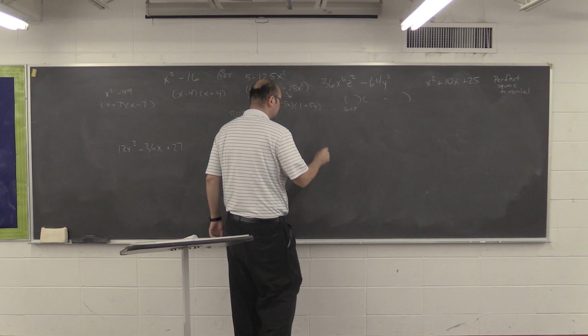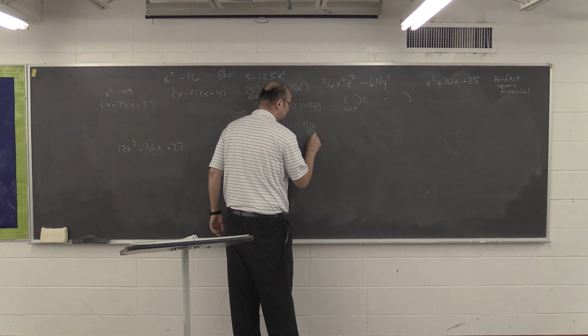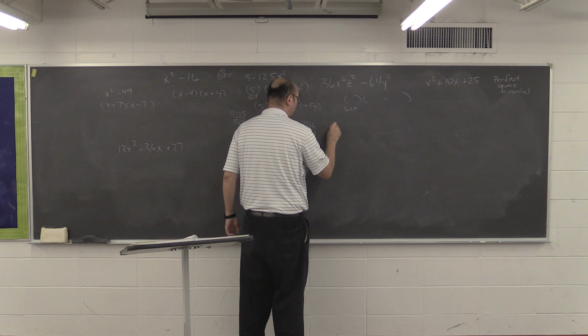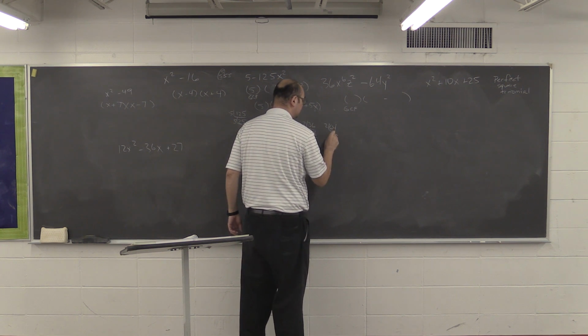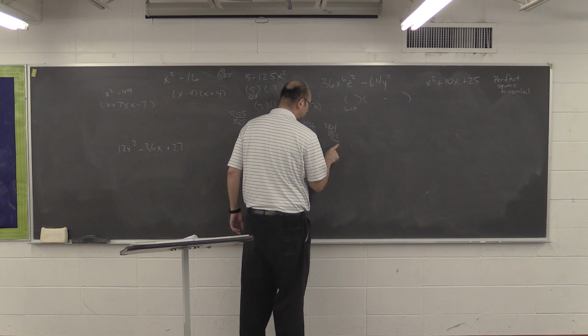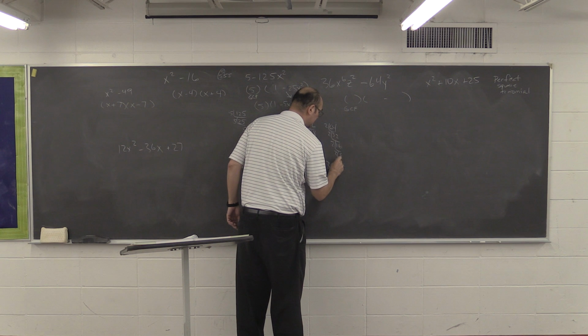So 36, if we were to break that down, we get 2 times 2 and 3 times 3. 2, 2, 3, 3. If we take 64, and we break that down, we have 32 times 2. Whoop, that's not right. 32, then 2, 16. Then 2, 8. Then 2, 4. And then 2 and 2.